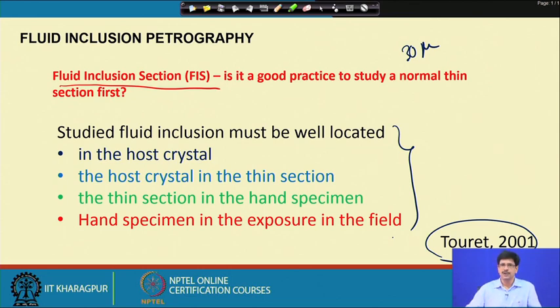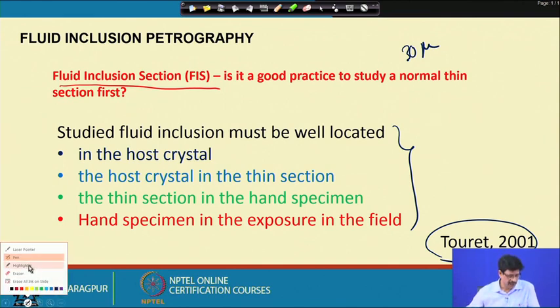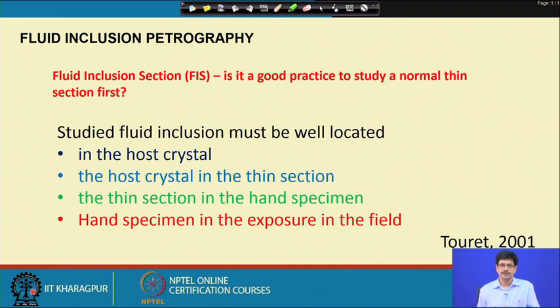Such field work has to be done in a systematic way, keeping in mind that we will be studying fluid inclusions in them. So, this is a good idea to begin with when we start our study of fluid inclusion petrography.